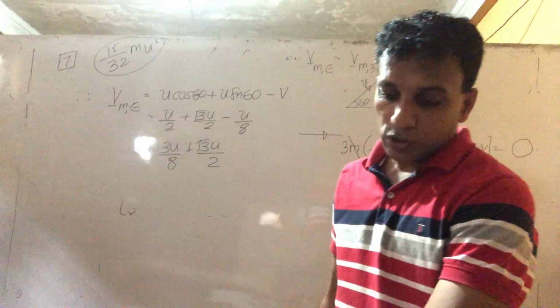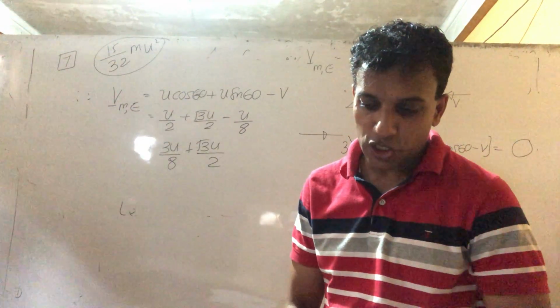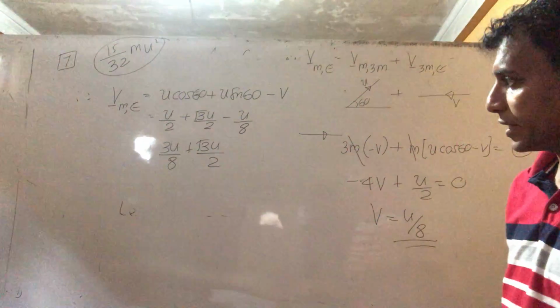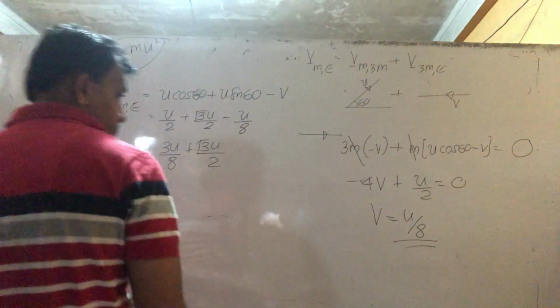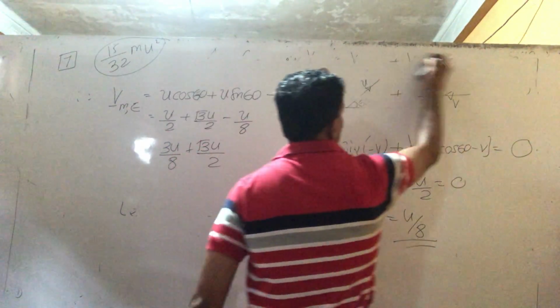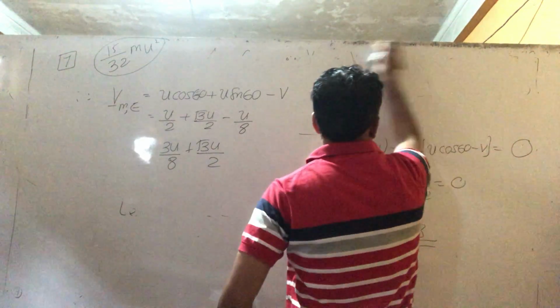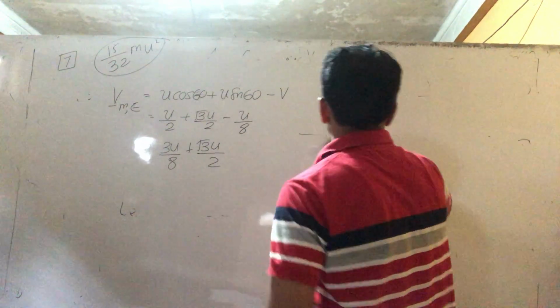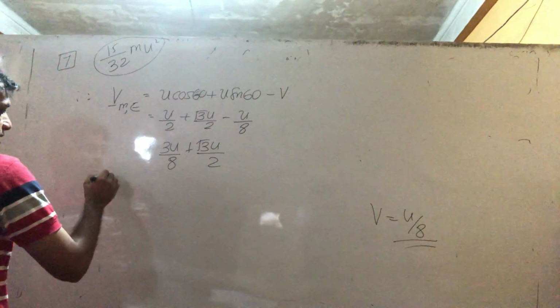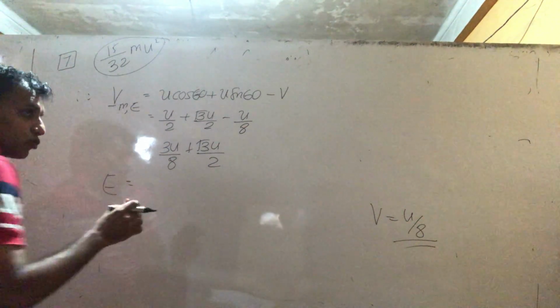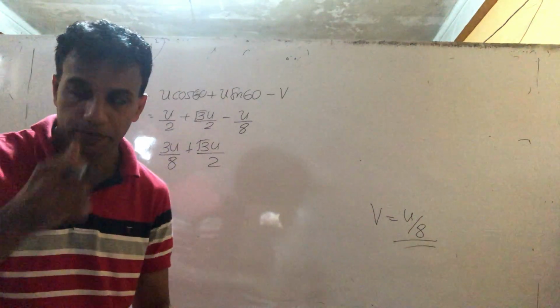Then we write the total kinetic energy, capital E, equal to what? The bullet and the gun, that weapon.